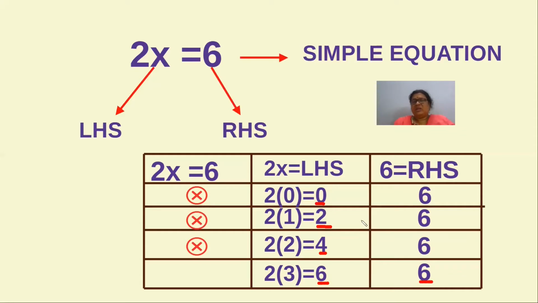Are they equal? Yes, they are equal. Now, this is correct. So what will be the x value so that LHS is equal to RHS? So x should be 3, then only the balance will occur. Therefore, the value of x will be 3.